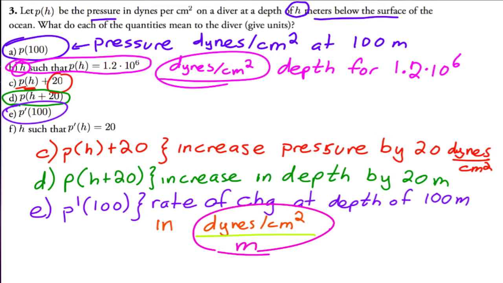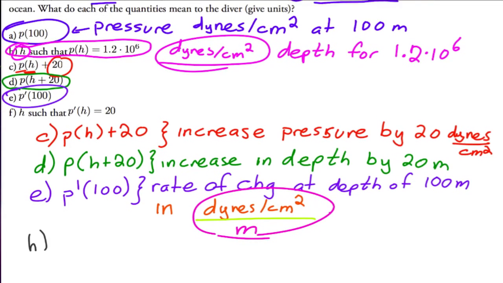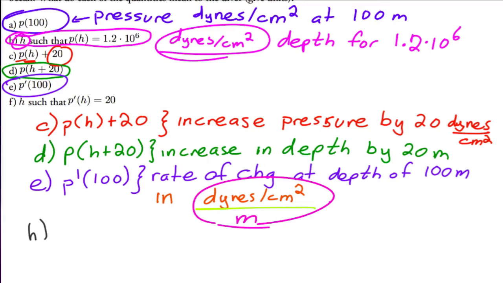Okay. And then last but not least, for h, so h such that P prime of h is equal to 20. So h is the depth, remember?